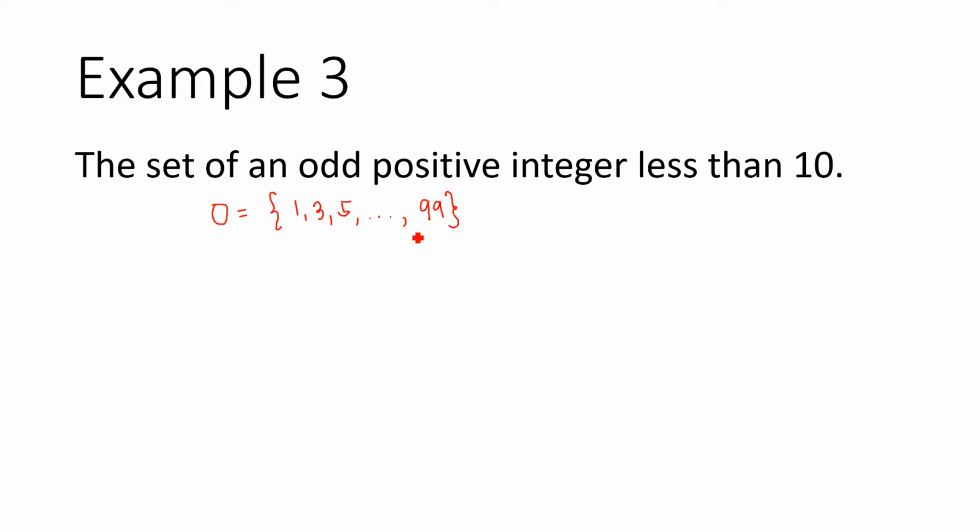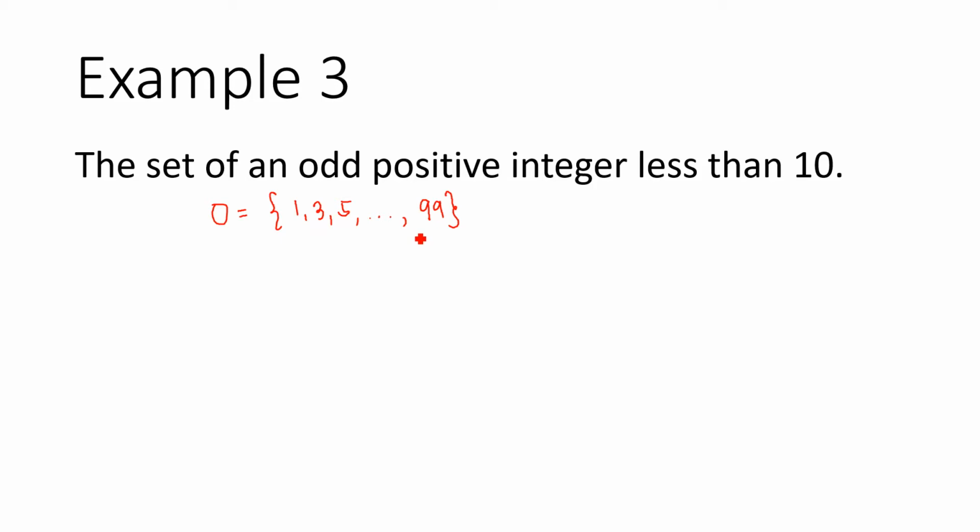However, you could also have another way of writing the set, not by listing the members. We have what we call set builder notation. We characterize all the elements in the set by stating the property or properties they must have to be a member.